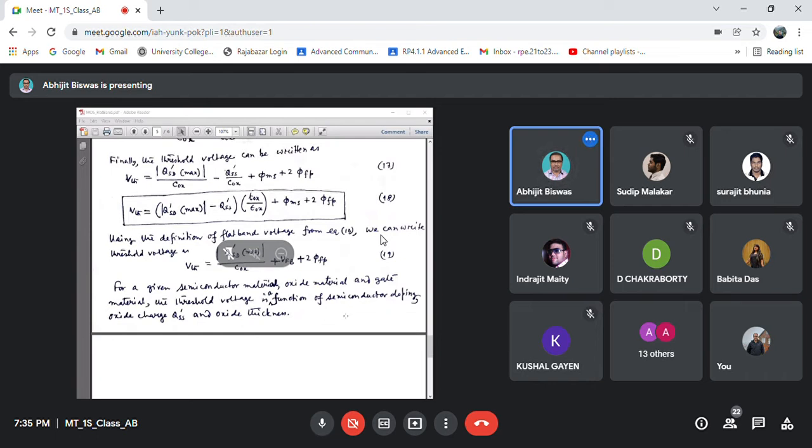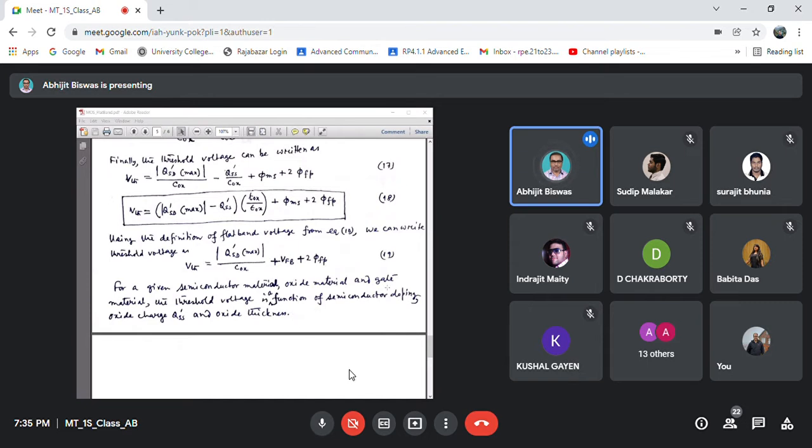NA means it is the substrate doping concentration. And geometrical parameters influence the value of Cox, because material parameter is also involved because of this epsilon. But epsilon A by d, A is unity, but d is there, means the oxide thickness. Thickness is the geometrical parameter, you can say.